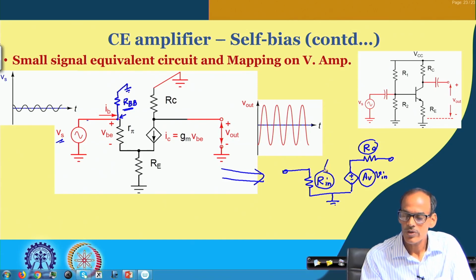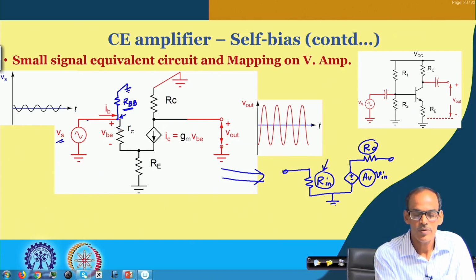However, whenever we are talking about input resistance, whatever input resistance we can see at this input port is the parallel connection of this R_BB and whatever input resistance comes from the rest of the circuit.